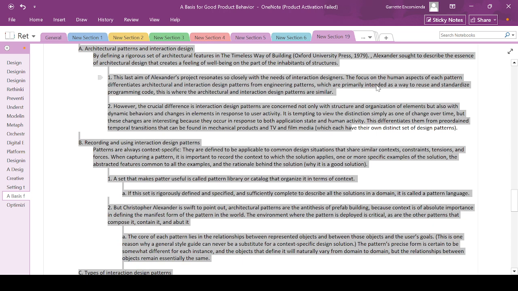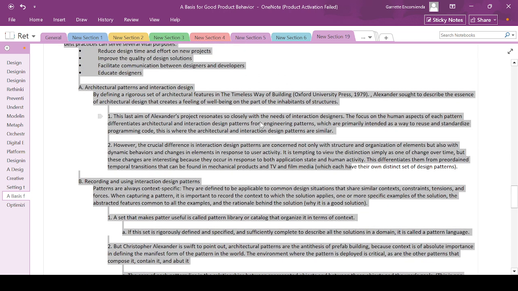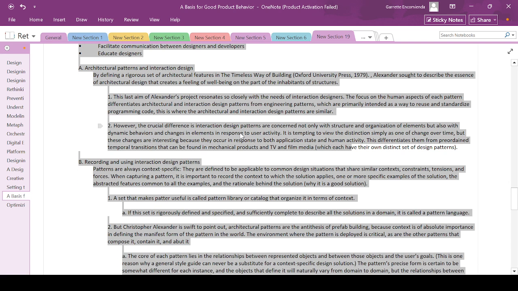So Alexander created this pattern for architecture, for the actual building, so that this is the pattern that they can use for the design of that complex physical structure.